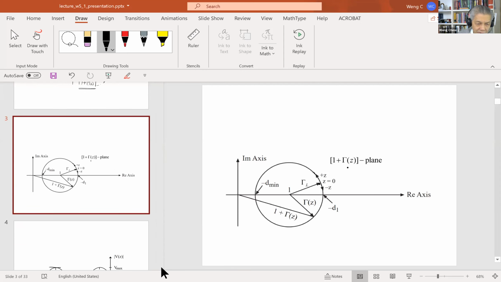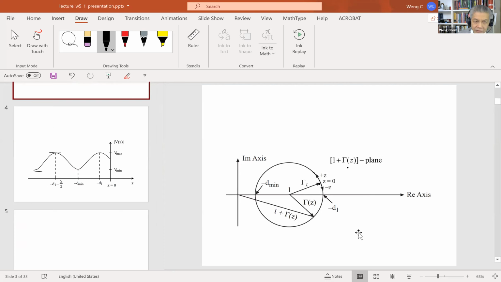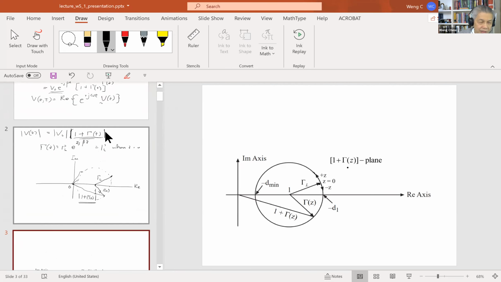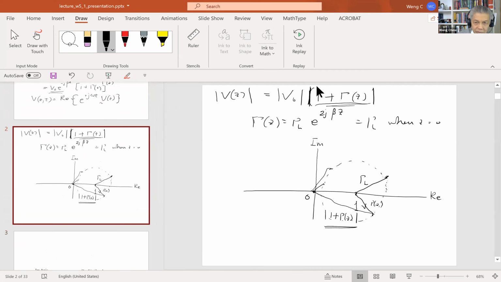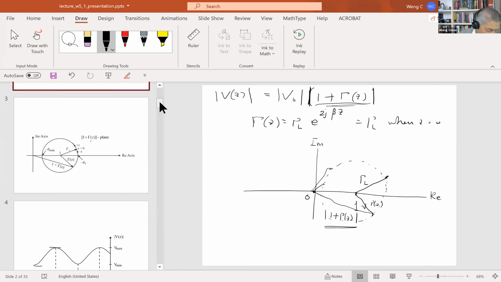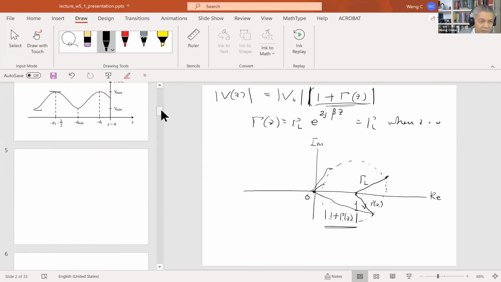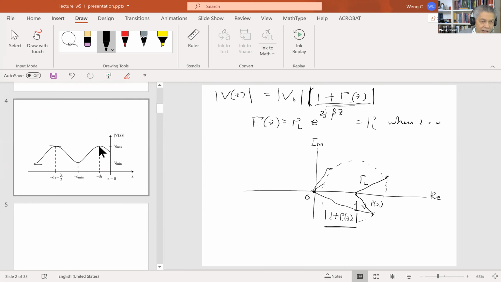And then by measuring this ratio, this thing will be maximum when it's over here, where it will be 1 plus gamma Z, and when it's over here, it will be 1 minus gamma Z. So you can figure out the maximum value and the minimum value very easily.